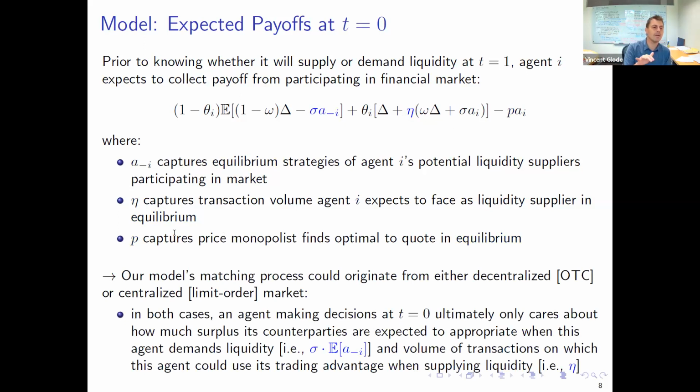So now here the model, the way trade or the matching occurs, it originates from various different market structures, right? Right now, what we have is random matching, but what we really need are two things.